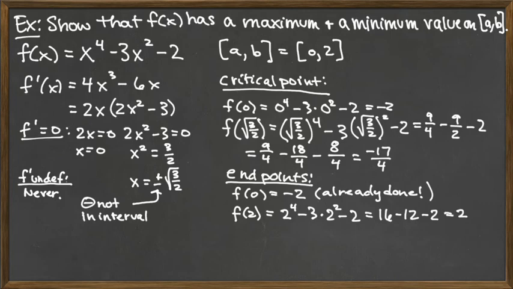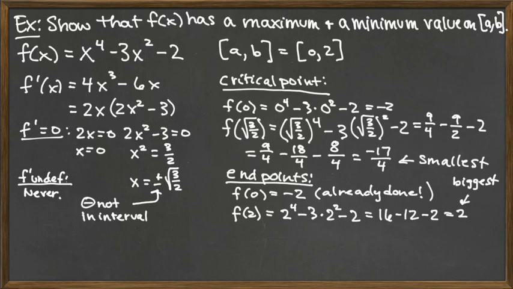We know that 4 times 4 would be 16, so this would be negative 4 and then a little bit more negative than that. And so our smallest value is negative 17 over 4, and our biggest value is the 2.